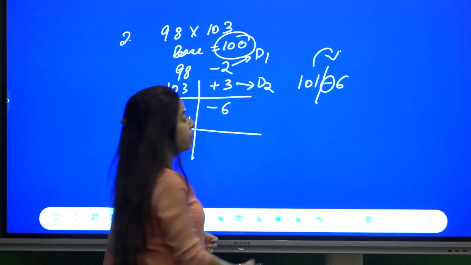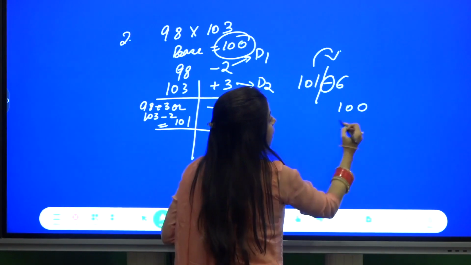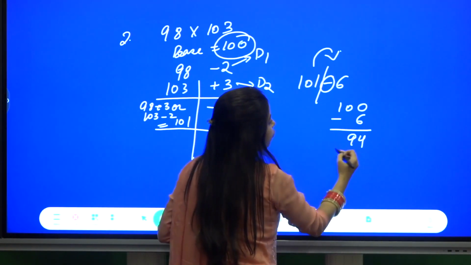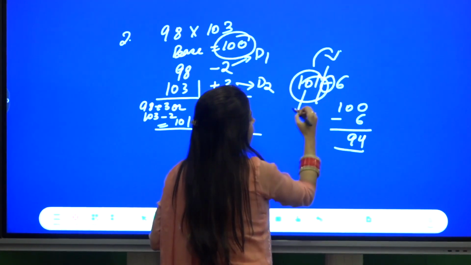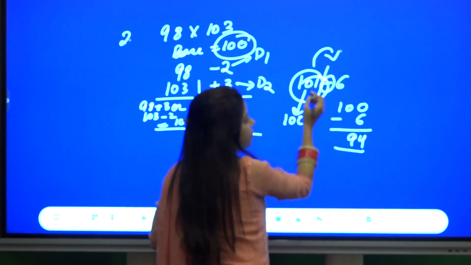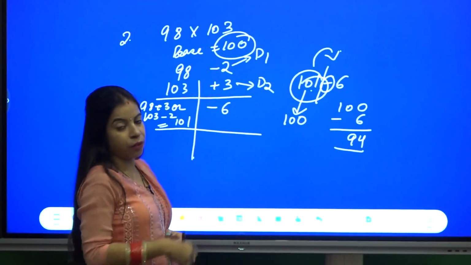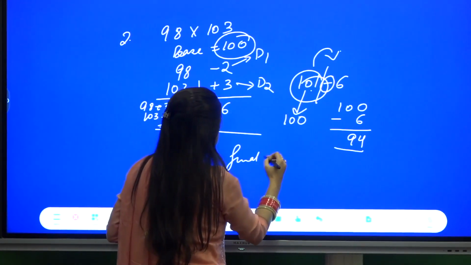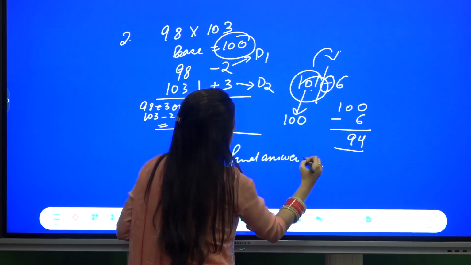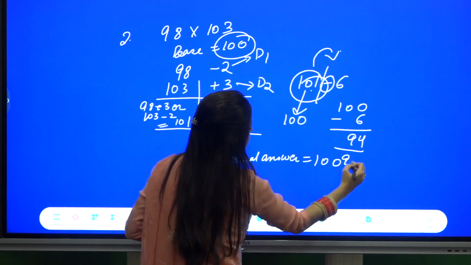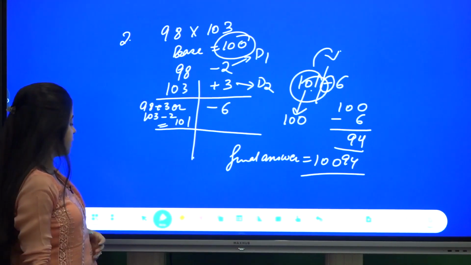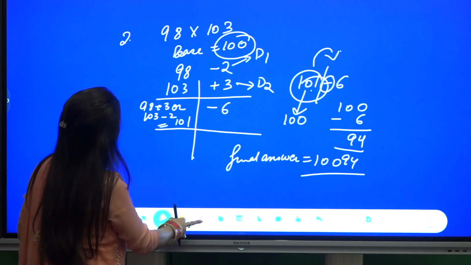So this will become 100 minus 6, which is 94, and this will become 100 because we have borrowed 1 for the right part. So the final answer will be 10094.